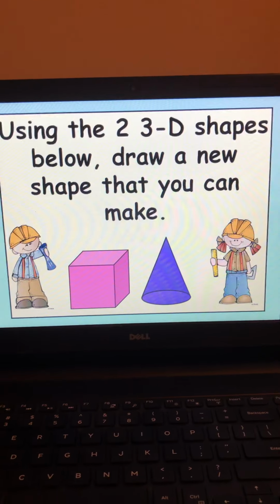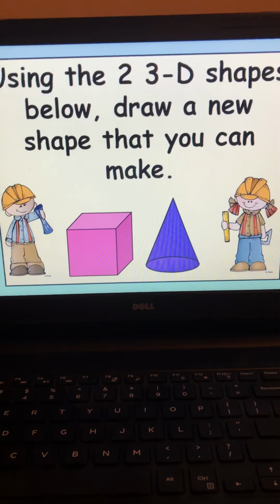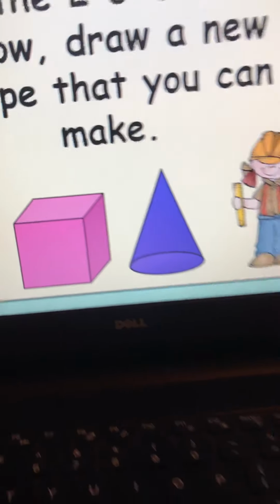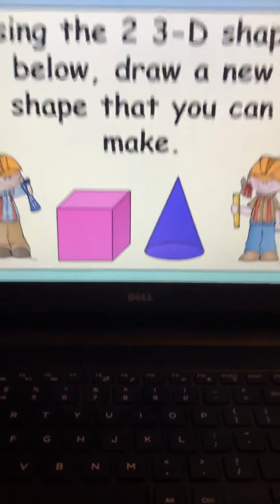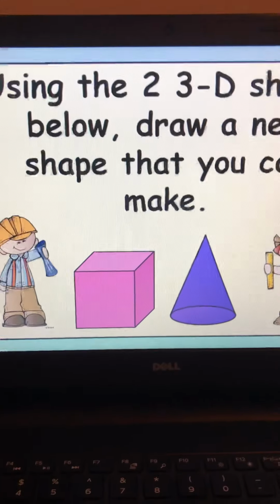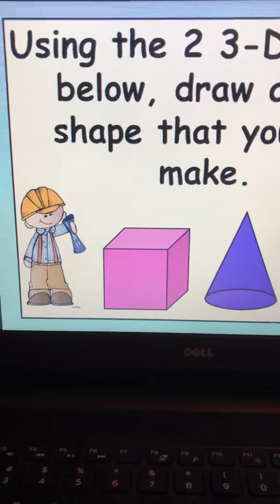Using two 3D shapes below, draw a new shape that you can make. So it looks like they have a cube and a cone. Take a second. There's a couple of different ways you can put them together, but go ahead and put them together to make something new. And while you're doing that, I'm going to draw mine.